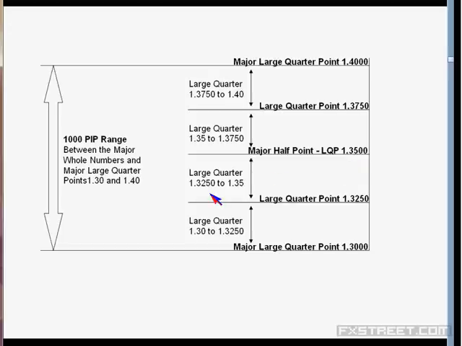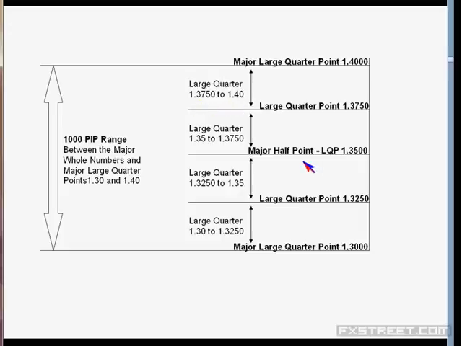In this example, once again, we're looking at the 1,000 pip range between $1.30 and $1.40. When we divide that range, we get 4 large quarters of 250 pips each: between $1.30 and $1.3250, $1.3250 to $1.35, $1.35 to $1.3750, and $1.3750 to $1.40.